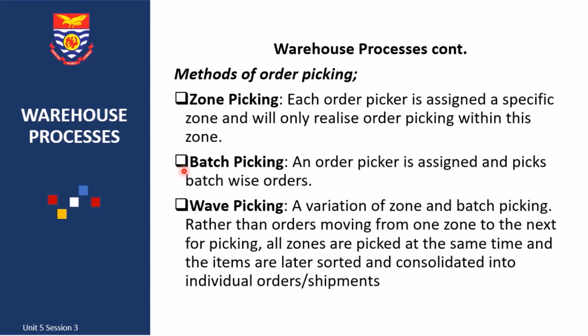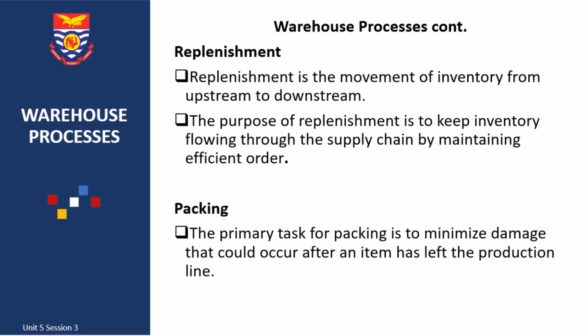Let's say 5 customers want a specific item. You are required to pick all those items, then you send it to the desk or the counter, then you sort them and make them available to the customers. Then we have wave picking. Wave picking combines both zone picking and batch picking to fulfill customer orders effectively and efficiently.